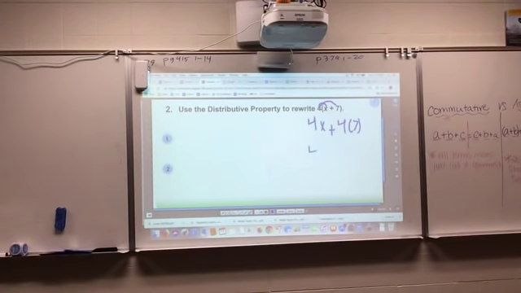Well, that's easy. That's 4x. And a positive is positive. 4 times 7 is 28. So do I get 32x? Why do I not get 32x? Yes, nice and loud. Because 28 isn't x. Good. 28 does not have an x with it.